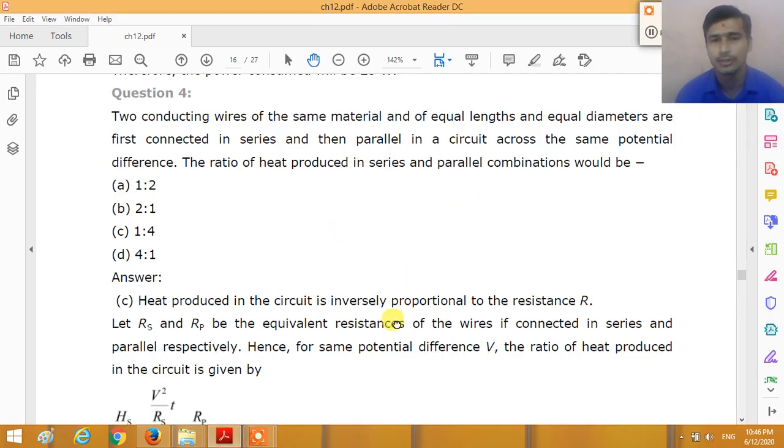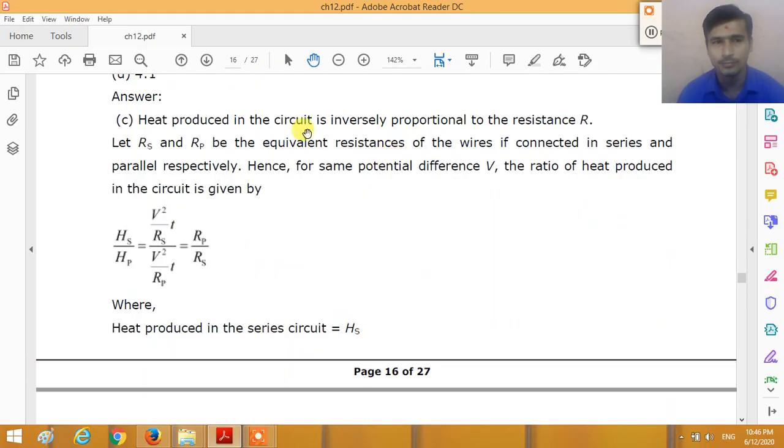So now let us consider that Rs and Rp be the equivalent resistance of the wires if connected in series and parallel respectively, right? So when these two resistances are connected in series, the equivalent resistance is Rs, and when connected in parallel, the equivalent resistance is Rp.